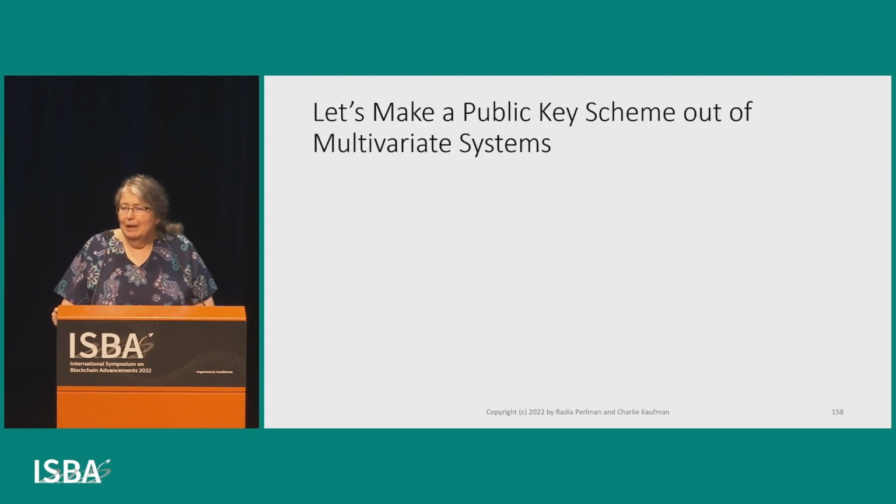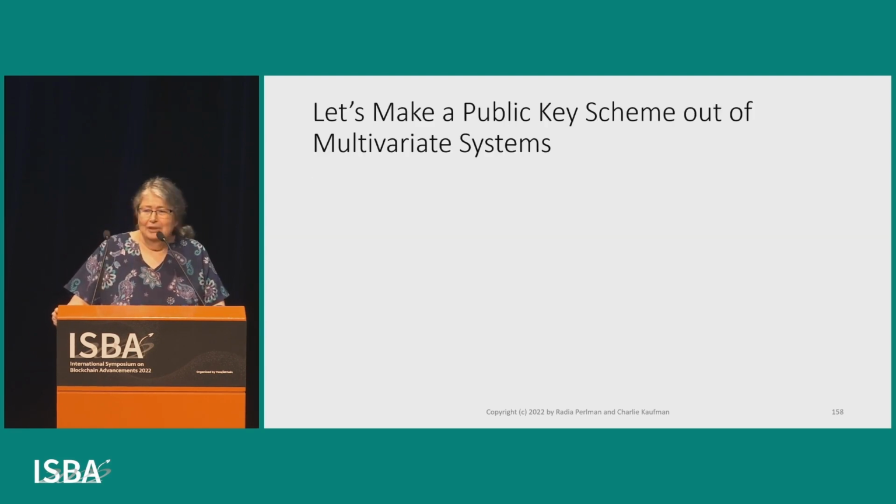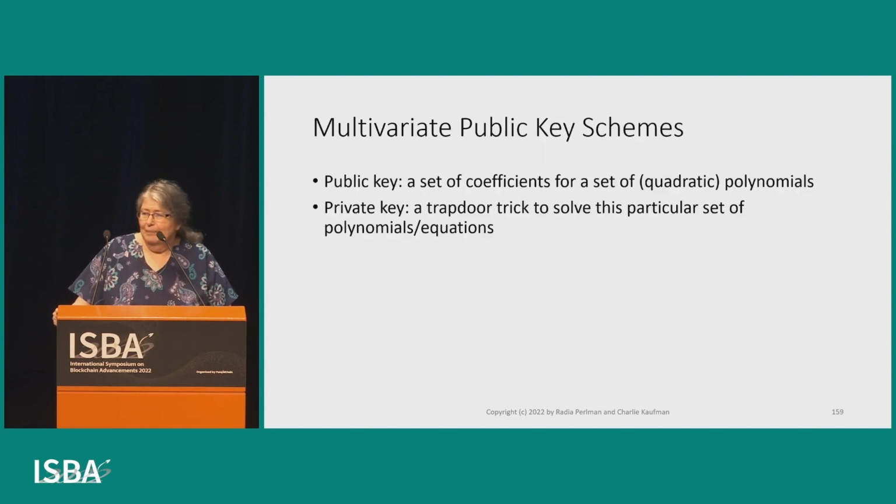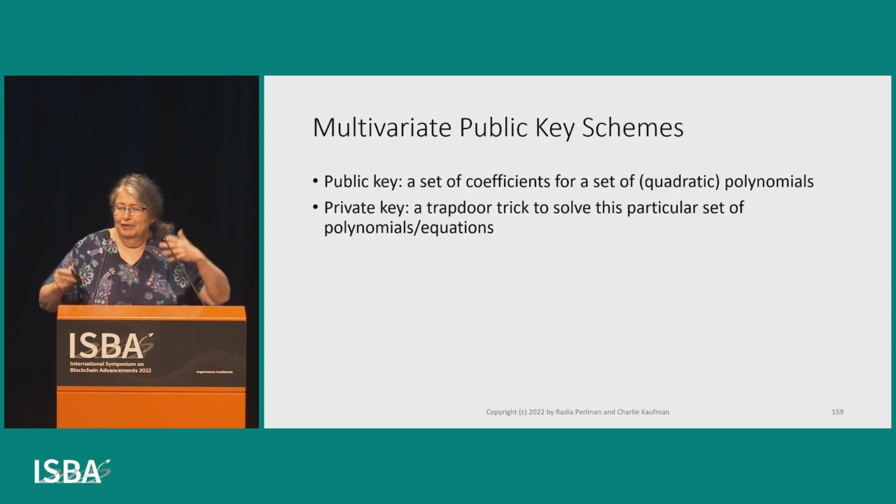So let's make a public key scheme out of a multivariate system. The public key will be a set of coefficients for a set of quadratic polynomials. The private key will be some magic trapdoor that allows you to solve this particular set of polynomials and equations.